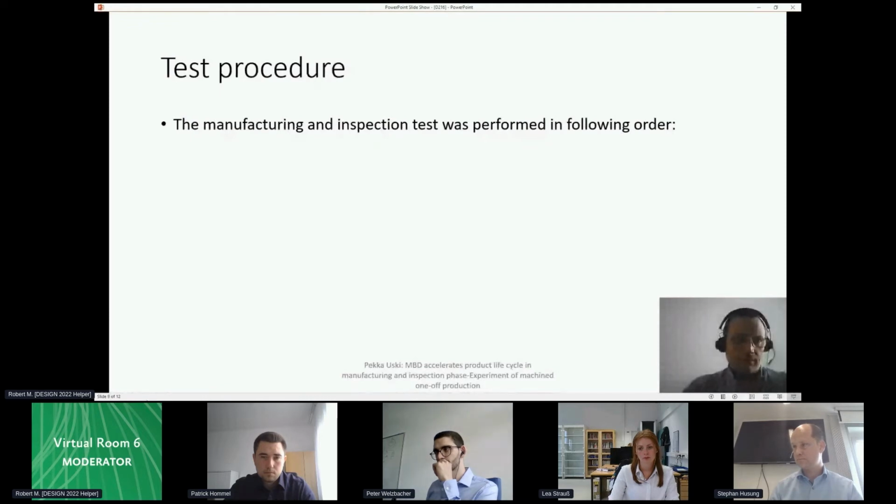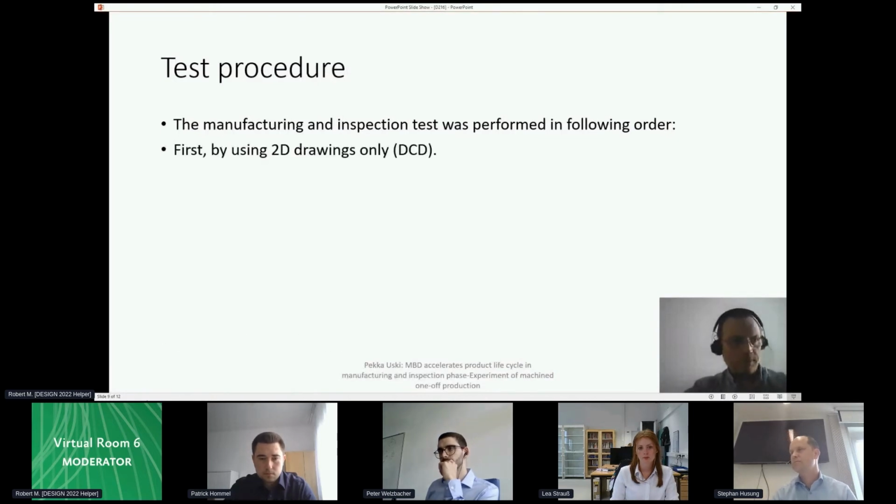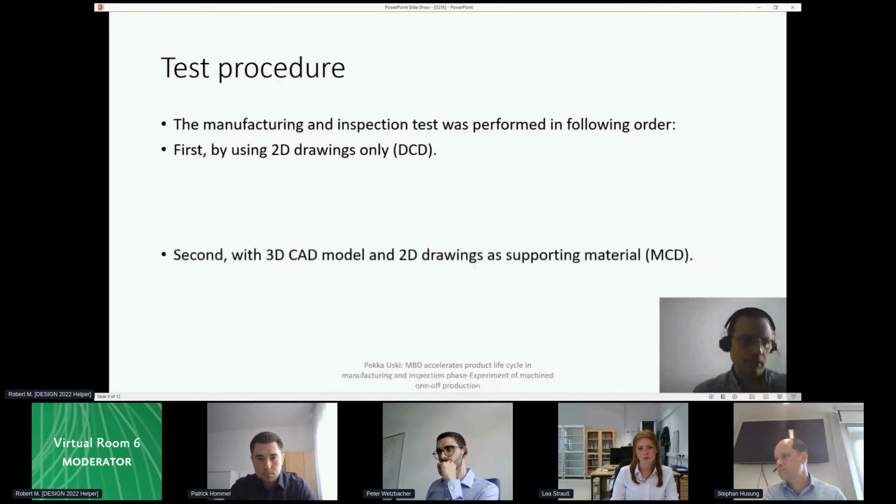The procedure of this paper is that the manufacturing and inspection test was performed in the following order. First, by using 2D drawings only, drawing-centric definition.